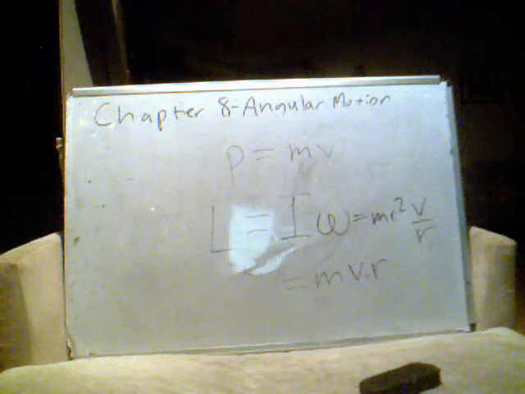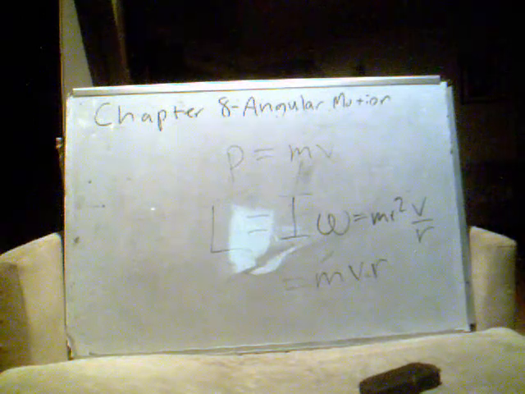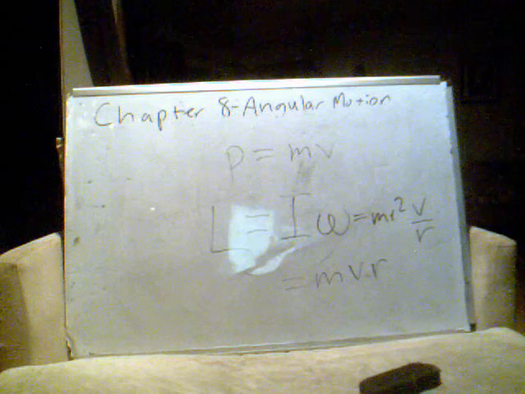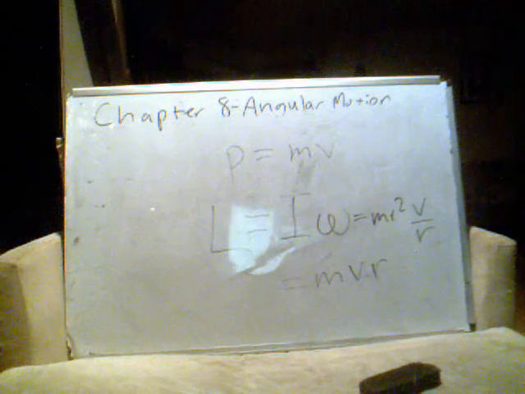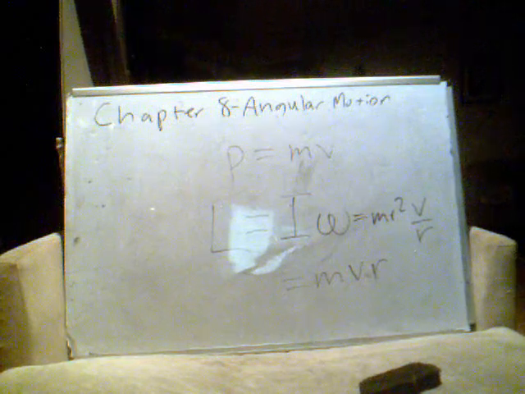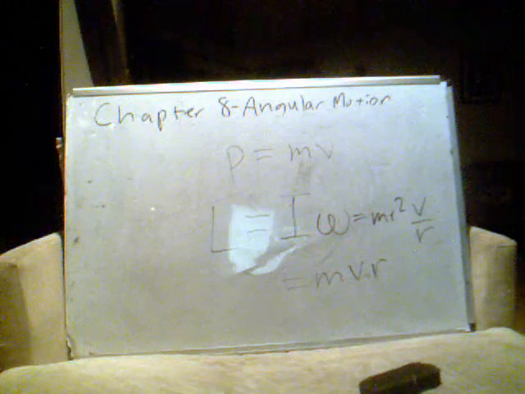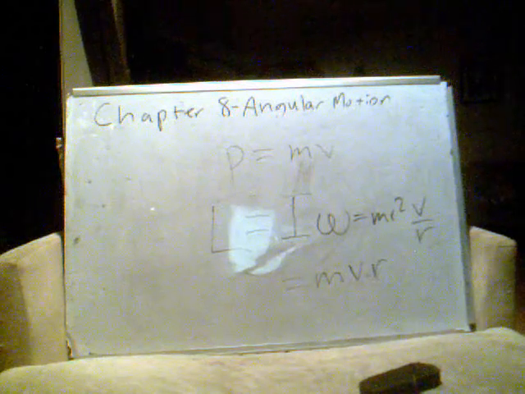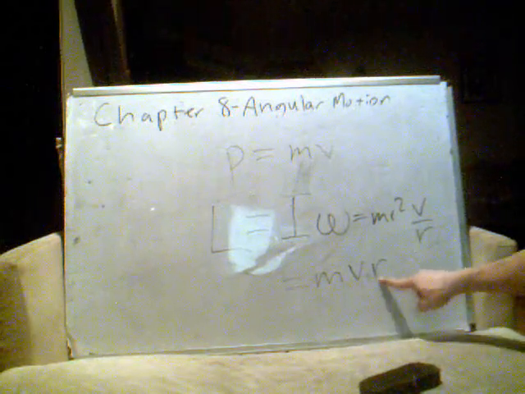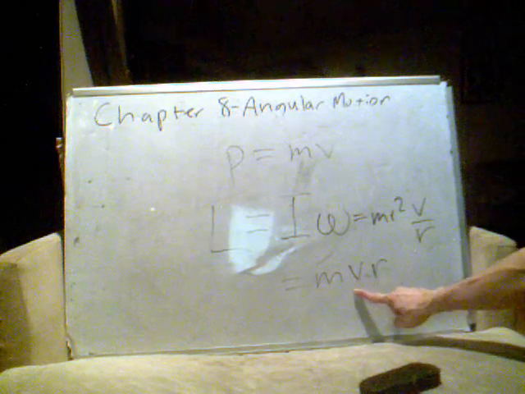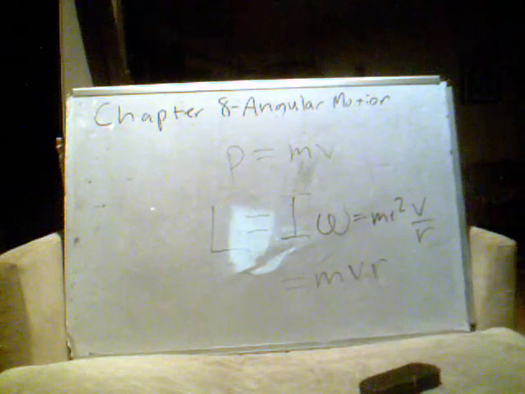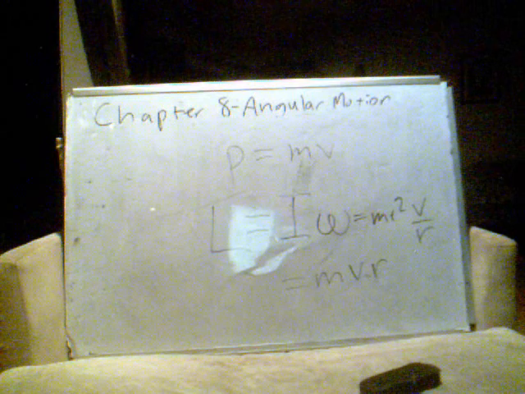Recall that conservation of angular momentum was one of our conservation laws. Conservation of momentum. Well, angular momentum has to be part of that, doesn't it? Thus, if you were standing on a turntable and you're rotating with your arms out, just like the figure skater who begins their toe loop with their arms and their legs out, and as they pull their limbs inward, decrease their radius, their velocity has to increase because your angular momentum has to be conserved.